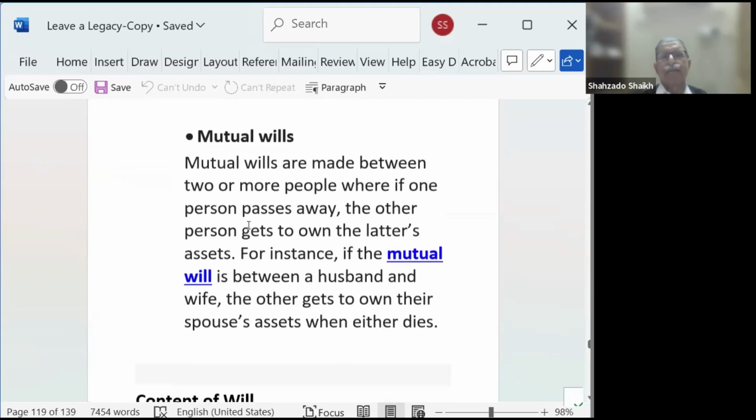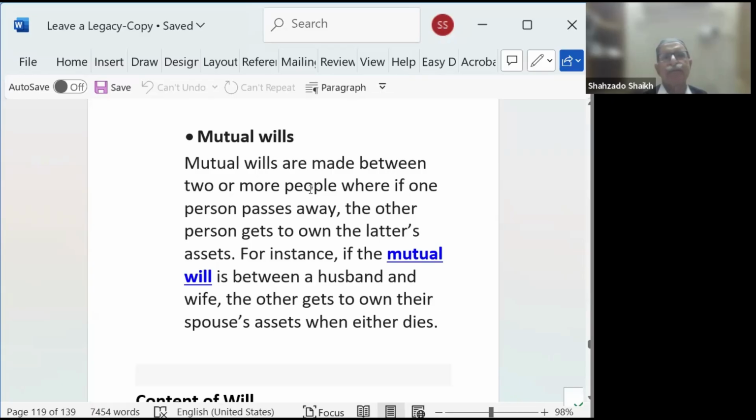And then, although we had discussed a separate type of will, it is related to that will basically. One of our participants had raised a question about mirror will or identical will. In the same category, there is another will that is called mutual wills. Husband and wife, particularly, or maybe two separate persons, can make mutual wills.